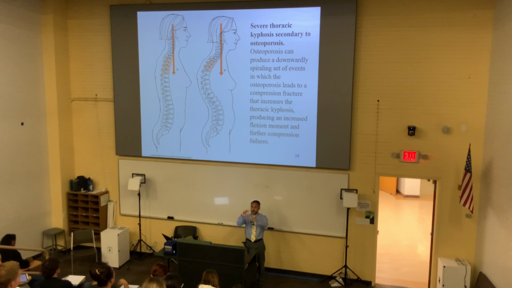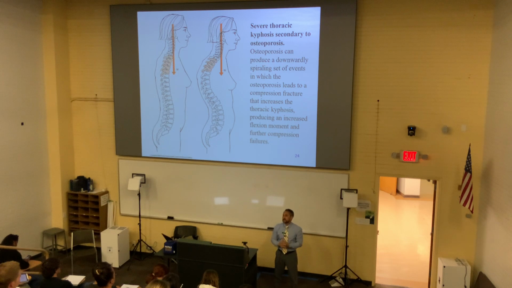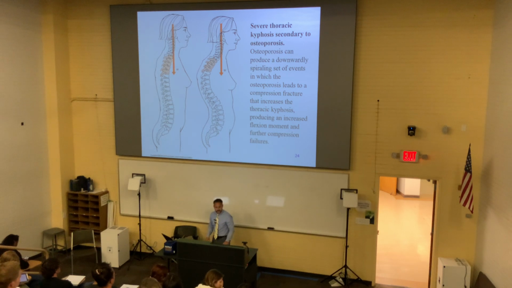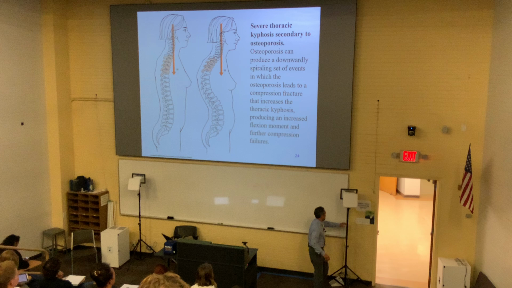It's not uncommon over the entire vertebral column for you to lose 2 to 3 inches in height between a patient in their 20s and a patient in their 70s. So now you have compression of the vertebral column, you have osteoporosis, you have poor posture, and this puts excessive pressure on the vertebral column, specifically in the thoracic region.